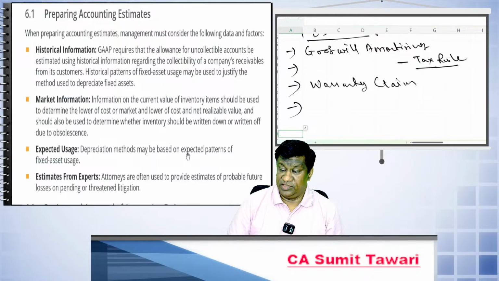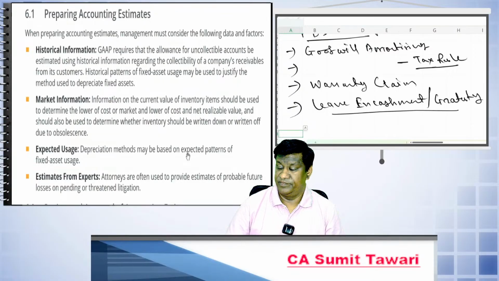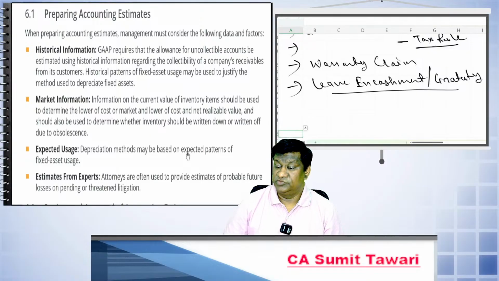Okay. Then leave encashment. Gratuity. Okay. So these are some more examples where we are using estimates.